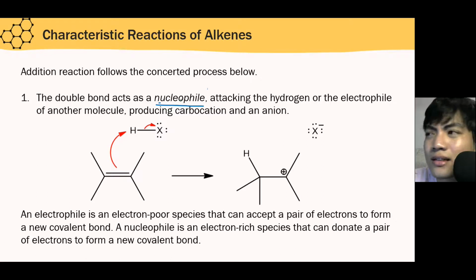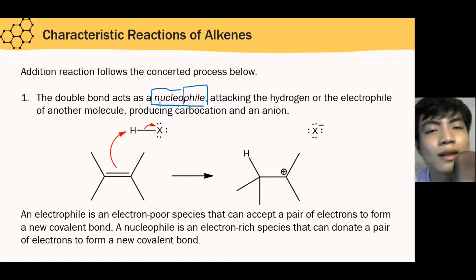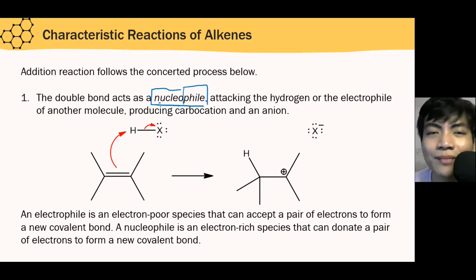Nucleophile, let's dissect the word. Phile means it loves. Nucleo means nucleus. What's nucleus? It is positive. So basically, your double bond loves a positive atom, a partial positive atom.